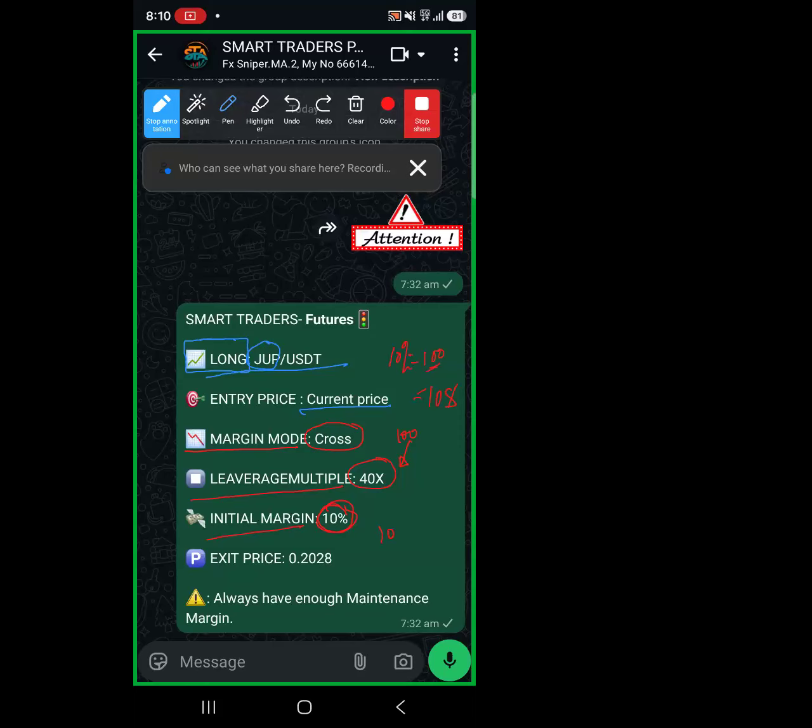So when you have $10 multiplied by the 40x, you'll have a total of 400 as your position amount, and the margin would be $10, because it is 10% of your entire margin. So this is what is going to be picked and used for making entry into the market, which will be translated into a 400 position amount because of the leverage. You understand?